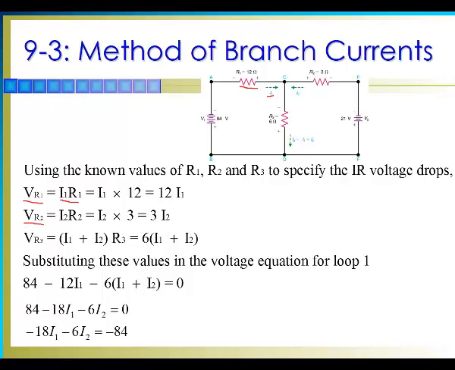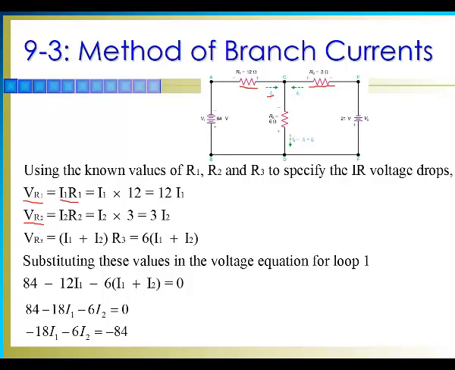For the voltage on resistor 2, the voltage across this resistor, instead of VR2, we're going to write the voltage in terms of the current and the resistance. So we multiply the current on resistor 2 times the resistance on resistor 2, and the resistance is 3, but the current we don't know yet, so we write it as 3I2.